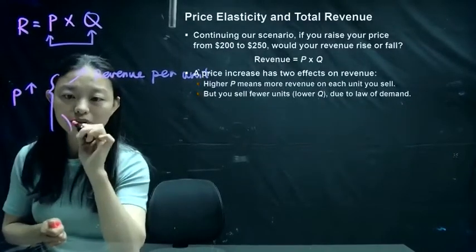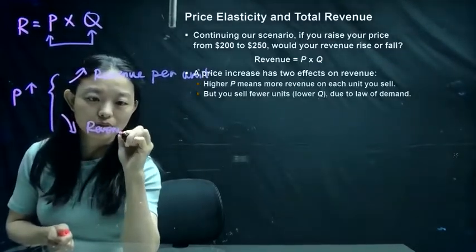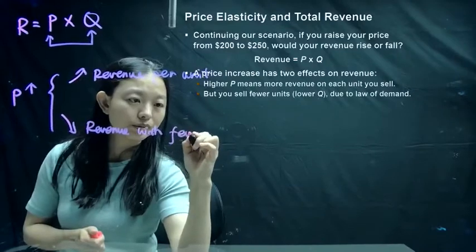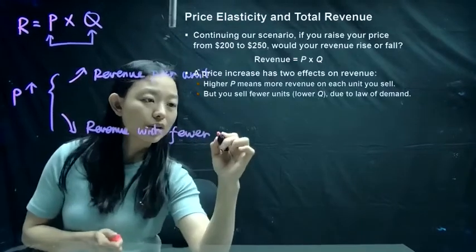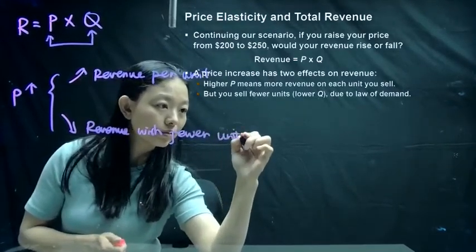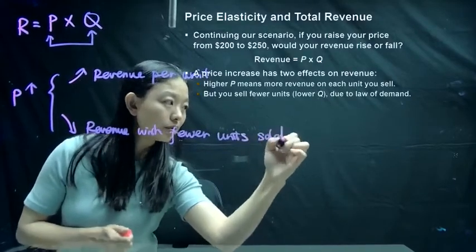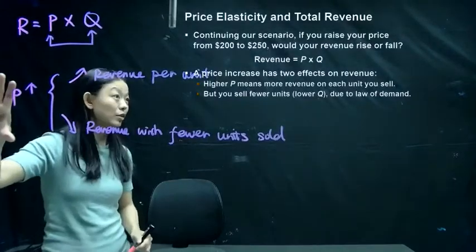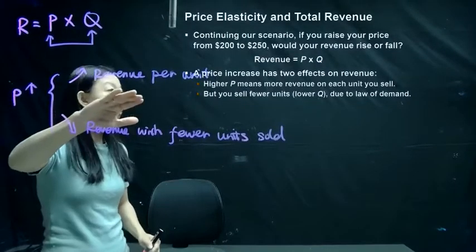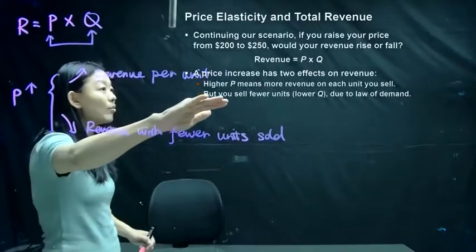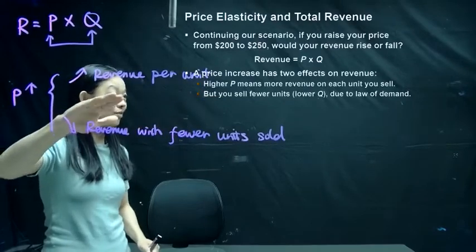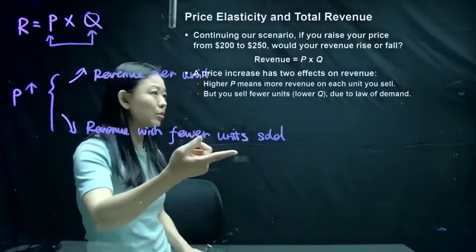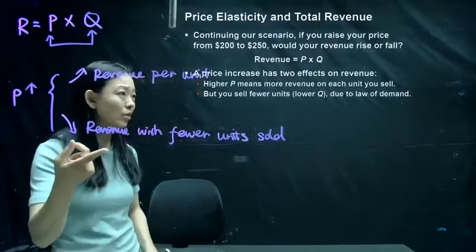So you also decrease the revenue with fewer units sold. So this is the result from the price increase. On one hand, if you sell one more unit, actually you can have more revenue. On the other hand, because of the price increase, you might sell fewer products, right? And then that will bring your revenue down.